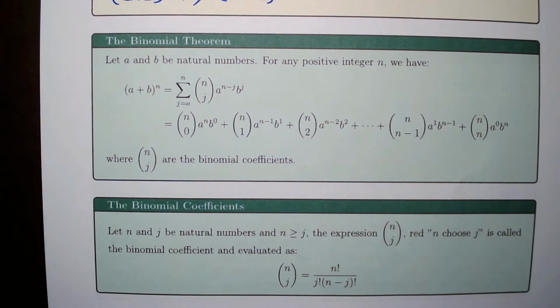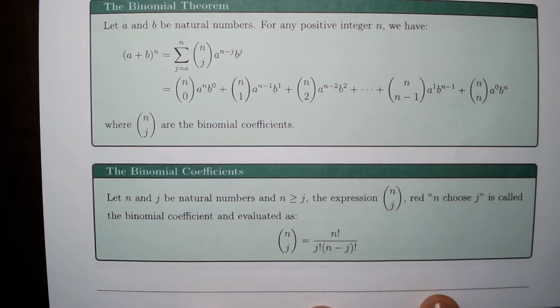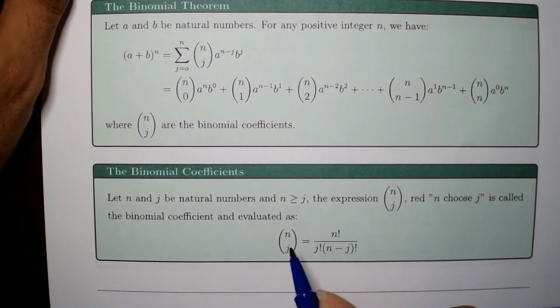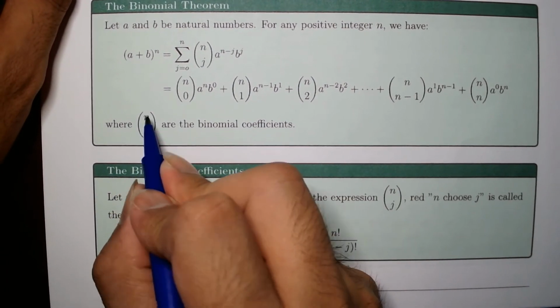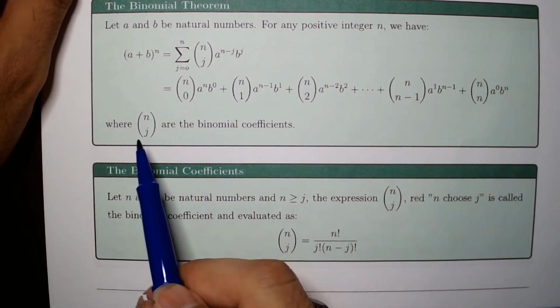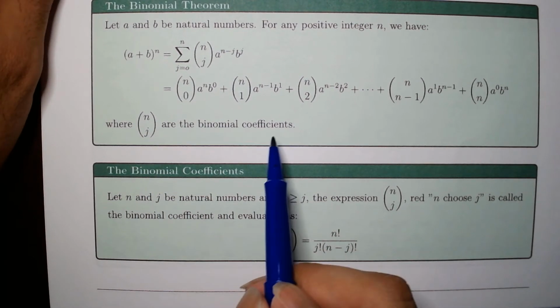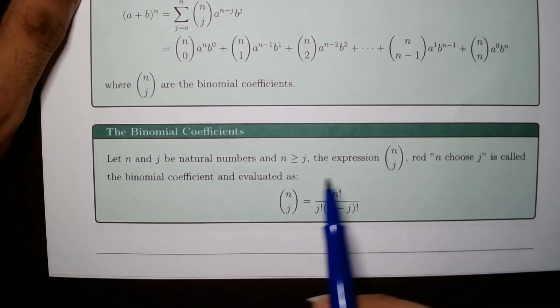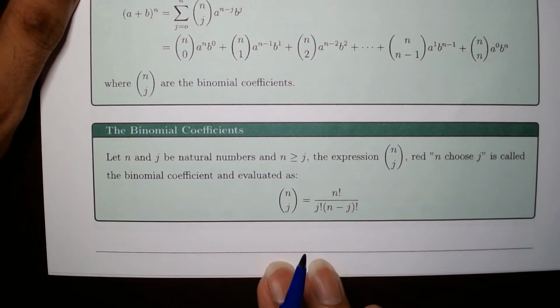I know this formula is kind of huge, and there's some notation that we may not have seen before, like this n j. This is not a fraction. These are the binomial coefficients, defined in the box below.